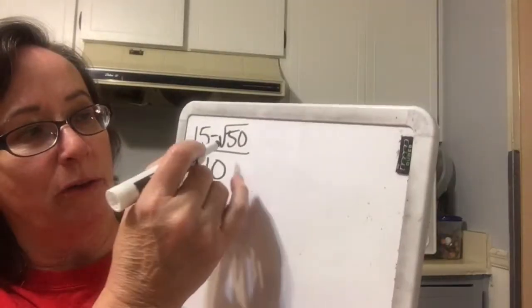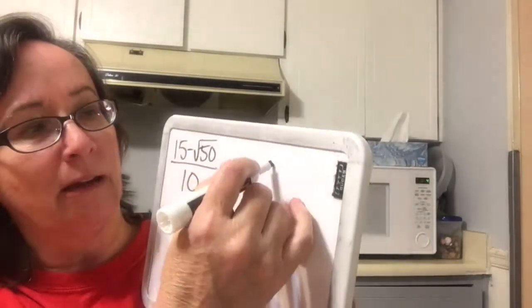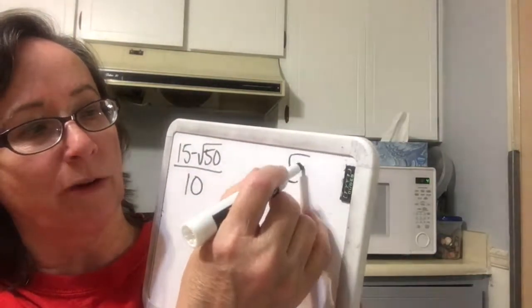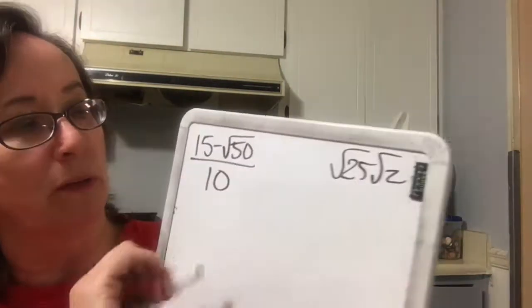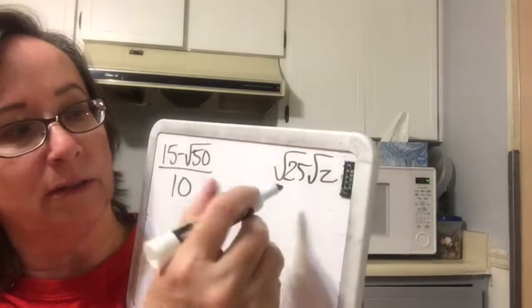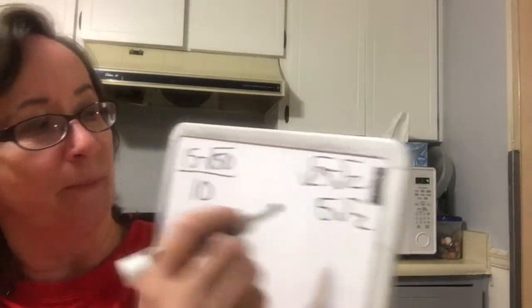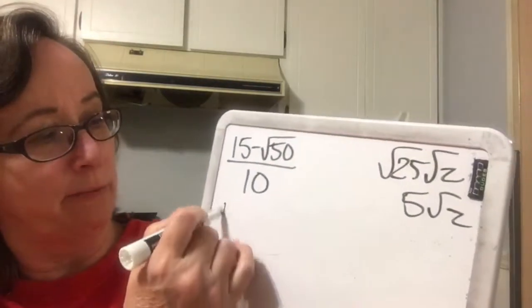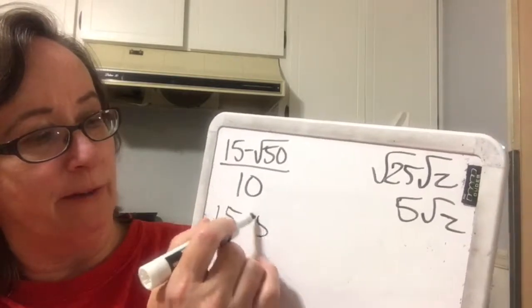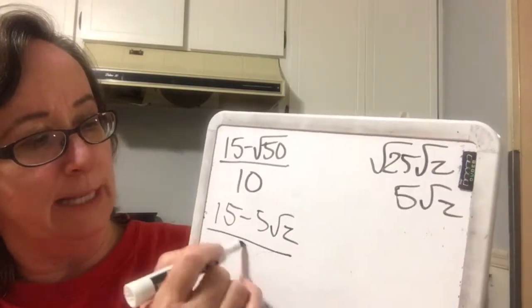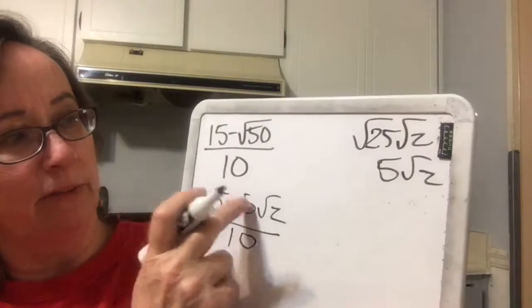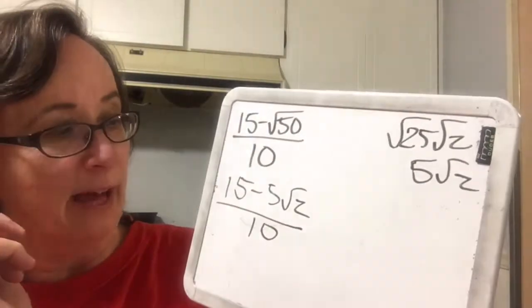So we're going to go ahead and break up the 50. Remember, square root of 50 is square root of 25 times the square root of 2. So the 50 will simplify to 5 square root of 2. So we will end up with 15 minus 5 square root of 2 over 10. Now notice that everything will divide by a 5.